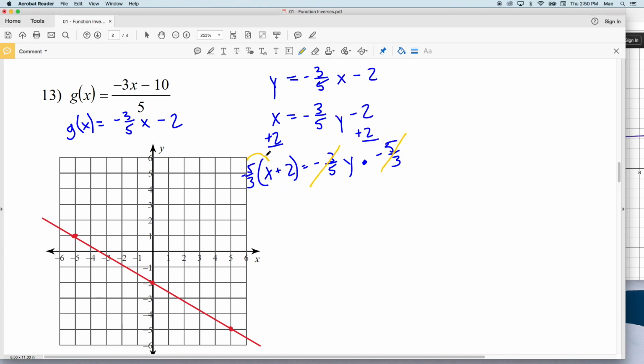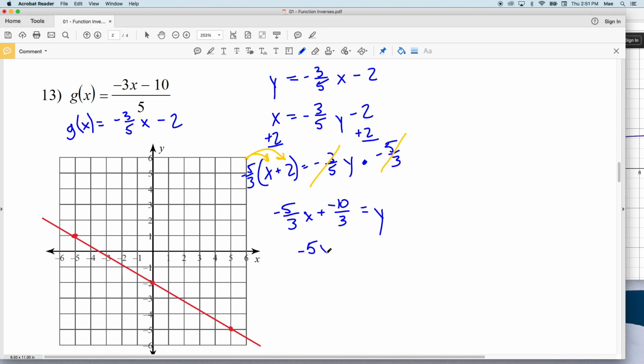So distributing that -5/3 to x and to 2, I'll get -5/3 x plus -5 times 2 is -10, and that's -10 over 3, so -10/3. That's equal to y. Now, because I have the same denominator, I'll write this as one fraction.